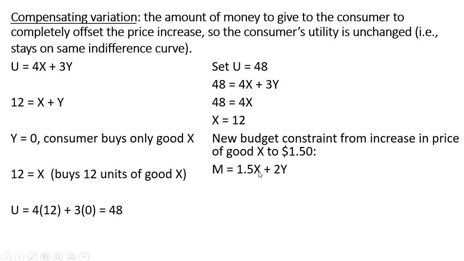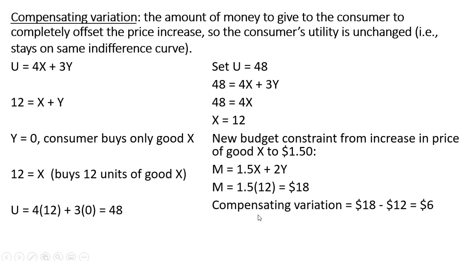So we're going to have M equals 1.5X plus 2Y. Y is 0, X is 12, and M is $18. So what does this mean? It means that the compensating variation here is 18 minus 12, or $6.